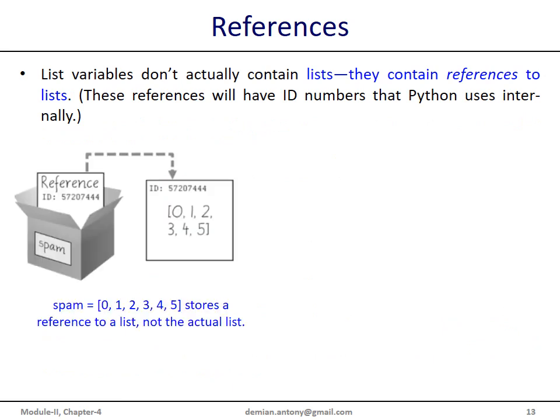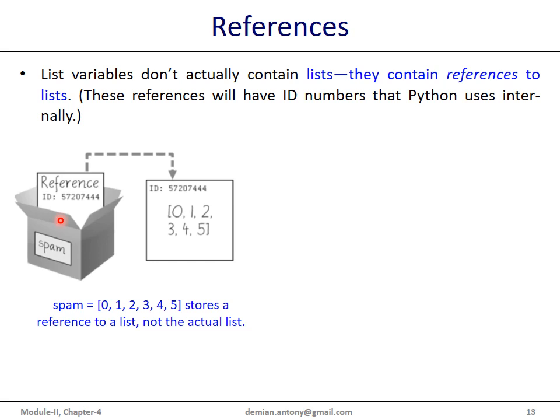Here is the illustration for the concept of a list reference. This is a list, and it is stored in memory, and we have an ID or a base address. Here we take it as an identifier ID, and after assignment, the ID is stored in spam. Now spam contains the ID of that list.